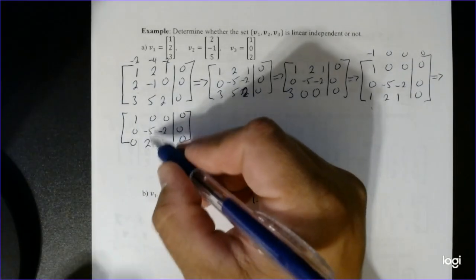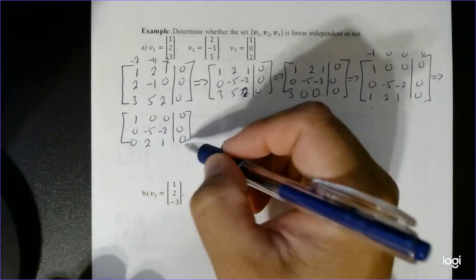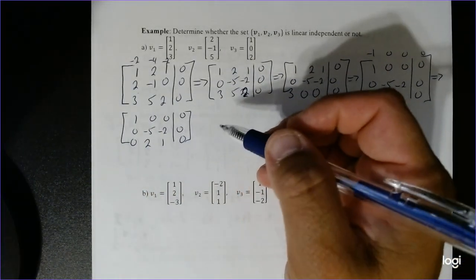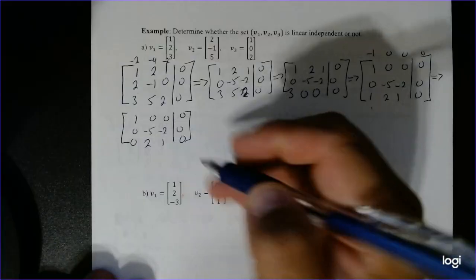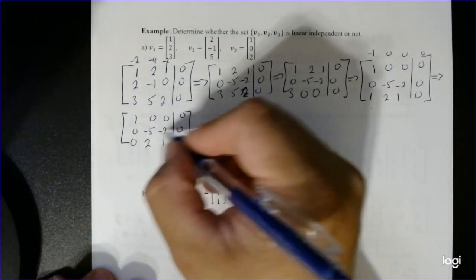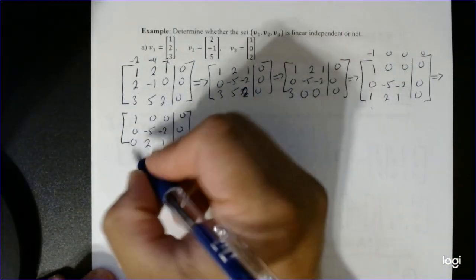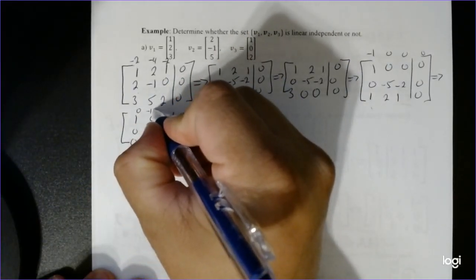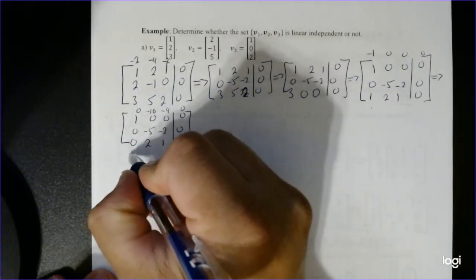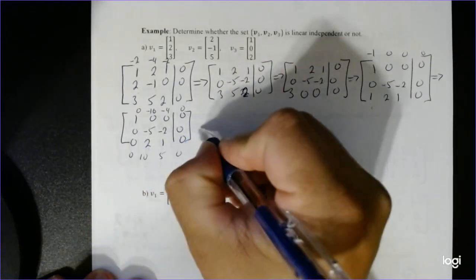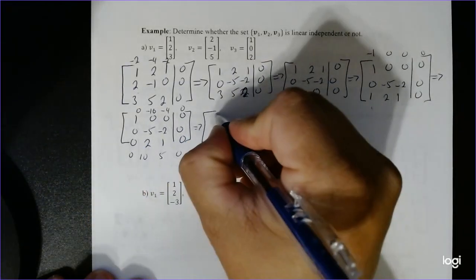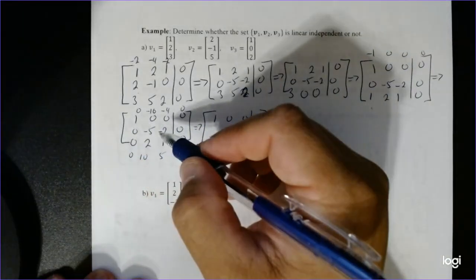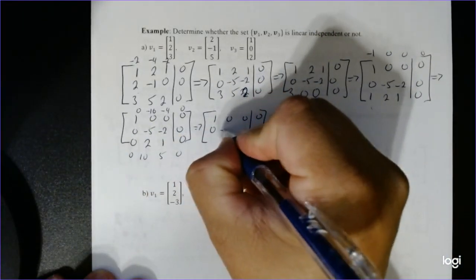Okay, and then trying to get rid of this stuff here. I don't want to deal with fractions. I know I'm doing this the long way, but eventually we could do this. So multiply this by 2, multiply this by 5. I'll keep the middle row the same, just for fun.